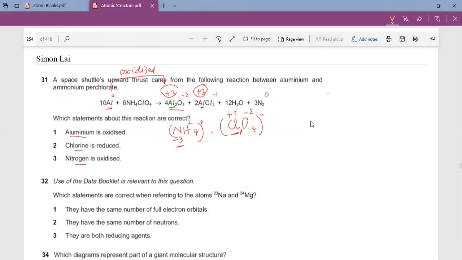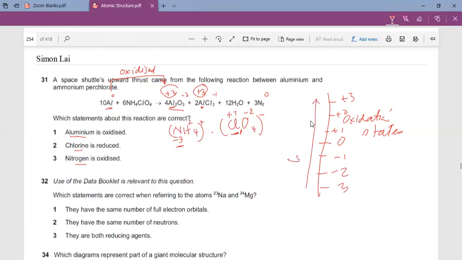A very good thing I learned last time when teaching SPM is this about oxidation states. 0 here, +1, +2, and +3 going higher; -1, -2, and -3 going lower.